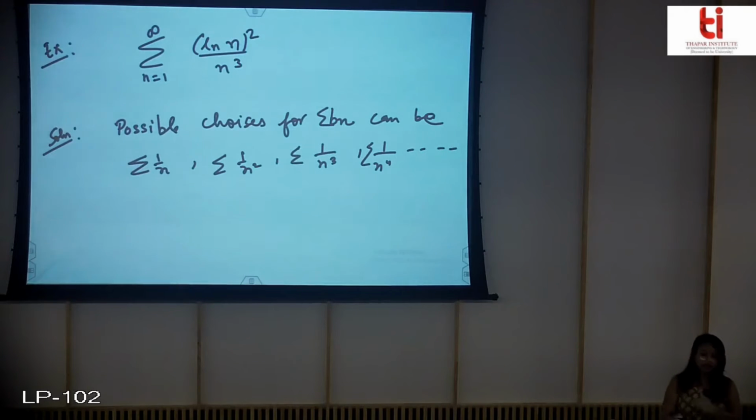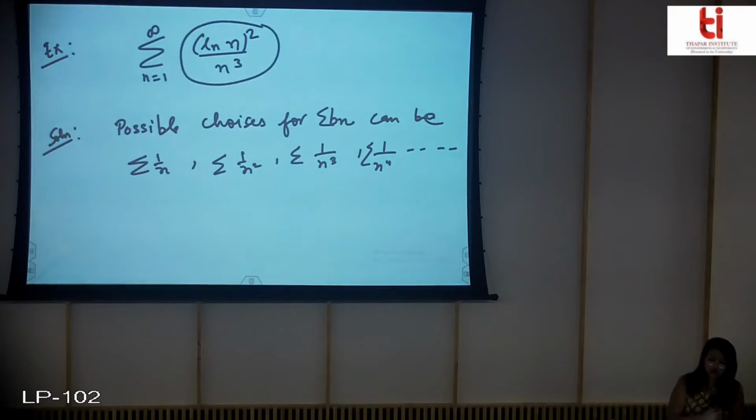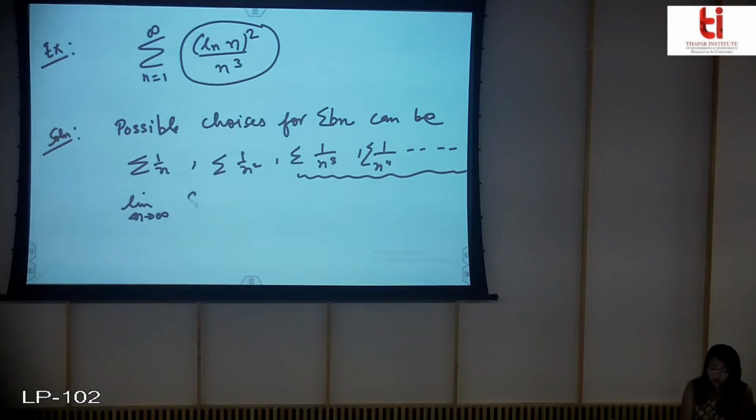By looking at this series, you took some possible choices of Bn, and now if you find the limit as n tends to infinity of an by bn, you will see that you will get infinite by direct observation.